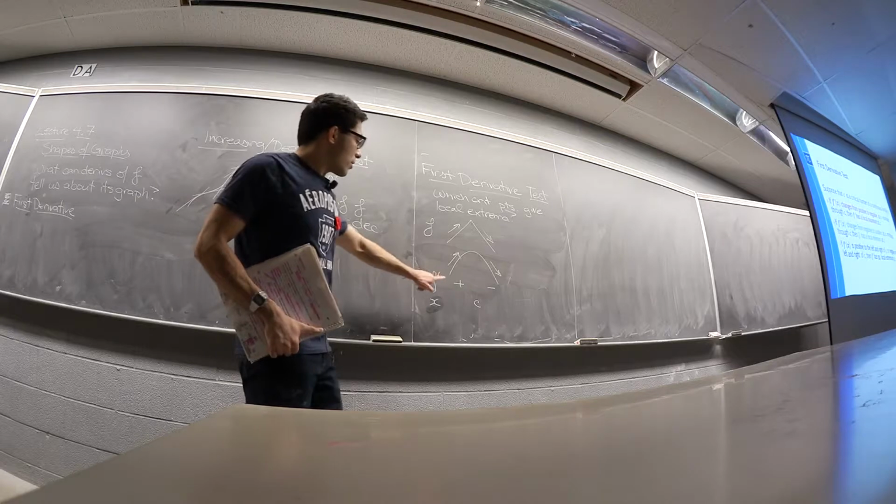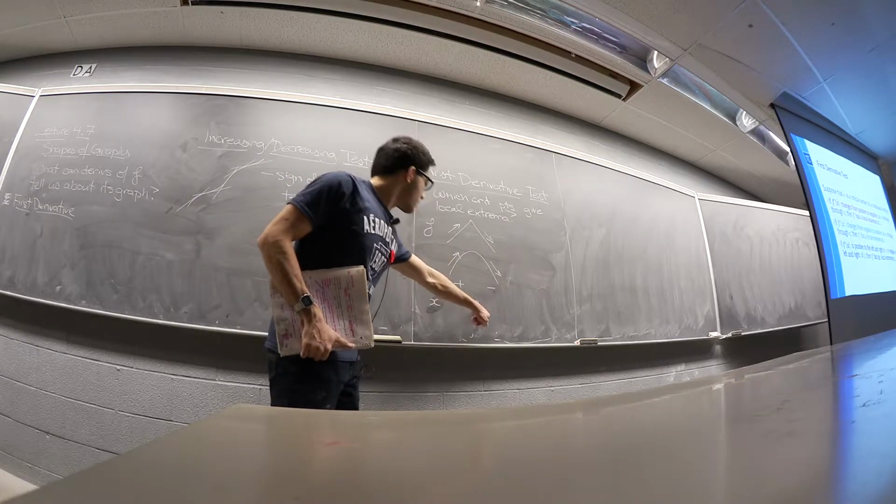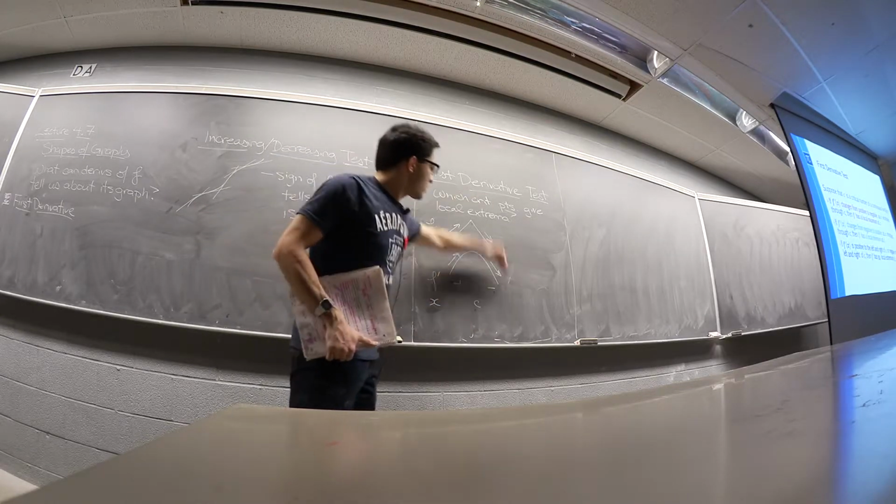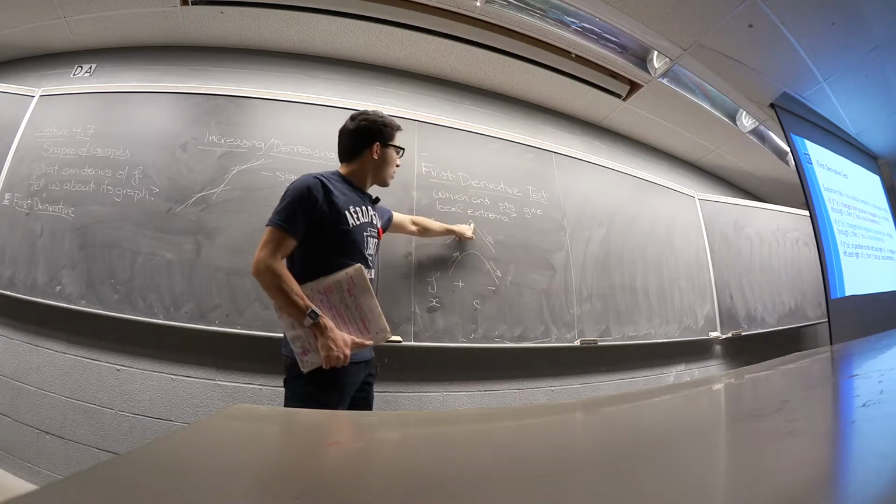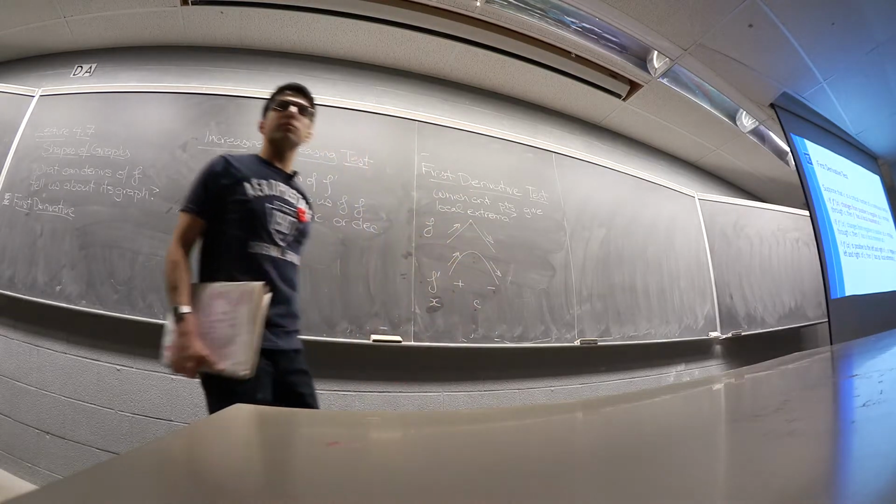So if the first derivative goes from positive to negative as we go through c, the function goes from increasing to decreasing, and so we wind up with a local maximum at c.